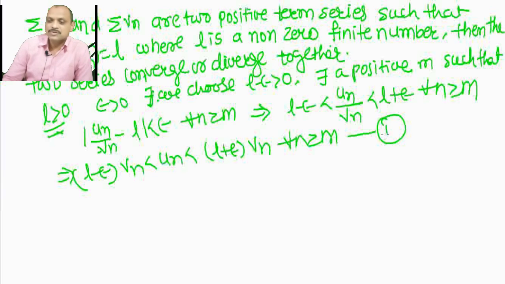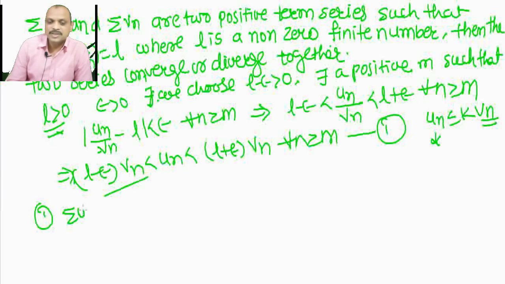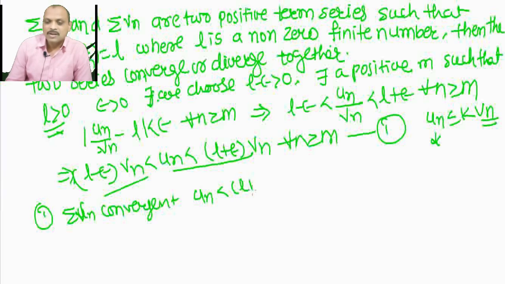Now we have shown that whenever Un is less than or equal to k into Vn, as Vn is convergent, Un is also convergent. Here we can apply the same criteria. So whenever summation Vn is convergent, then from the second part of this inequality, Un is less than L plus epsilon into Vn, so this shows that Un is also convergent.